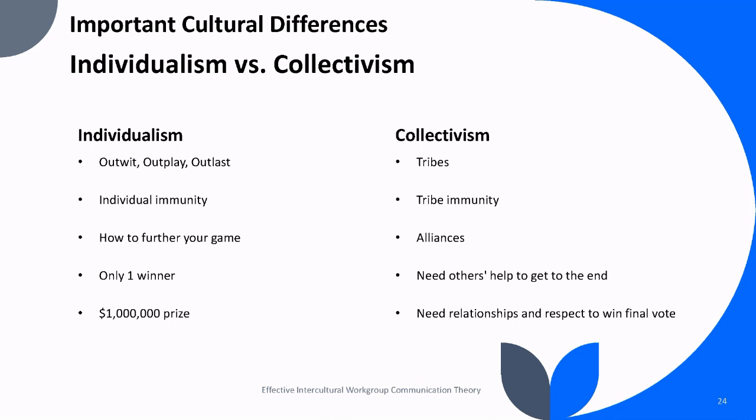They need these relationships to get to the end because they need people to vote with and people to scheme with. And at the end, the winner is decided by a vote of everybody else. So they need those positive relationships to make sure that when they get to the end, they have people who are going to vouch for them.